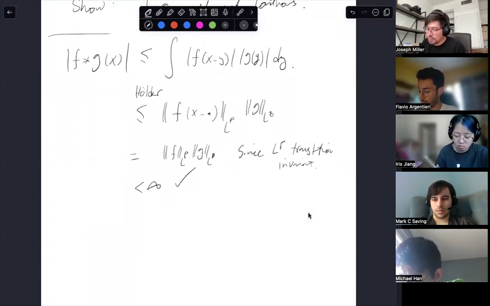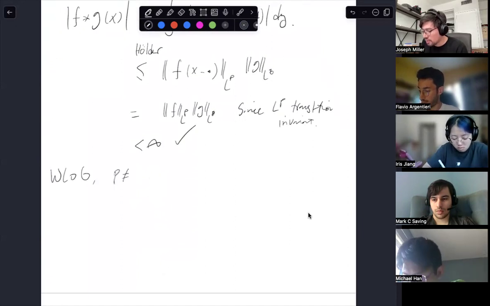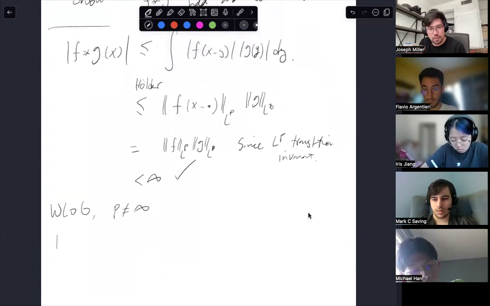For the other part, I need to be a little bit more clever. So here's where I need to start caring about exponents. Without loss of generality, let's assume that p is not equal to infinity for the moment. So the norm that I'm measuring f in is not L infinity.